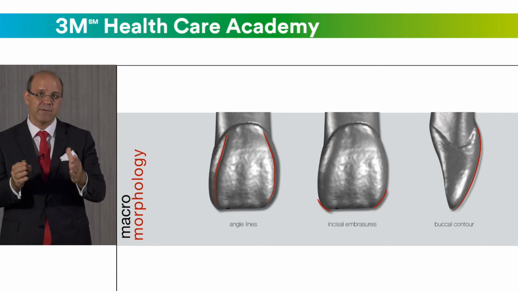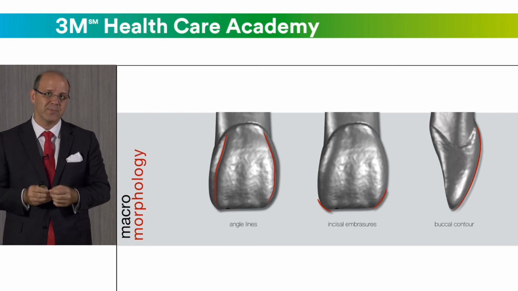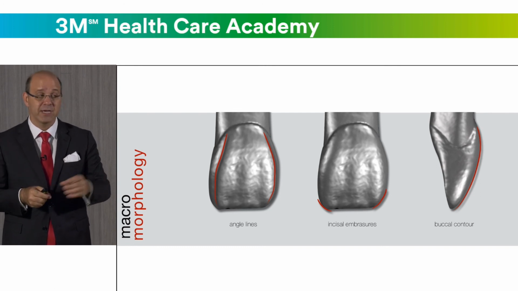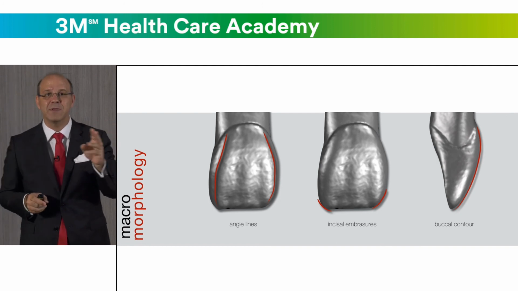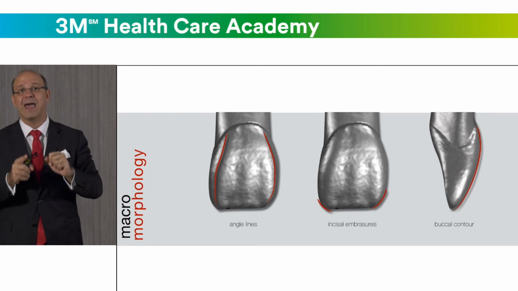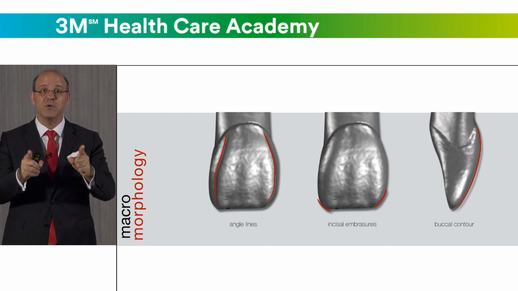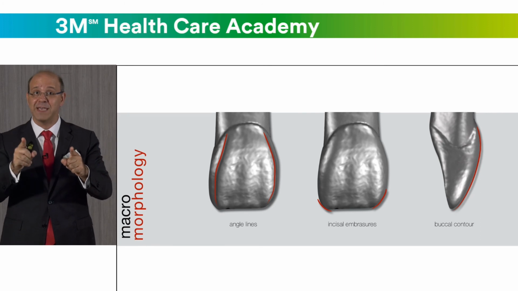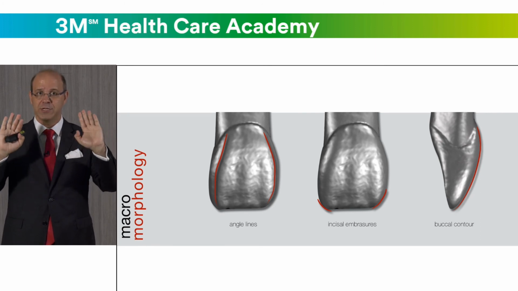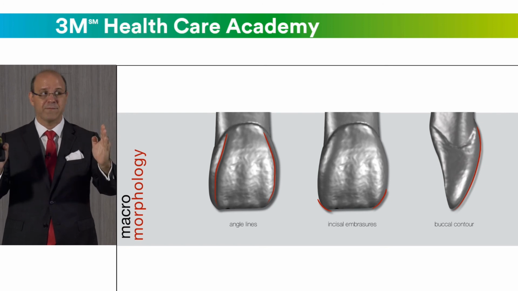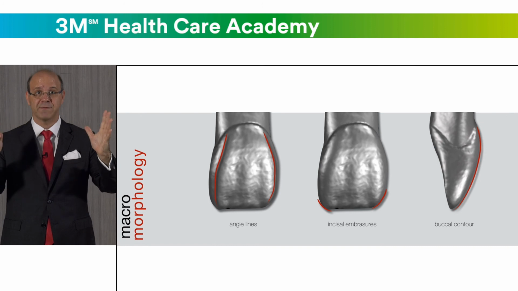The shape we give to the restoration is more important than the opacities we apply inside of it. We divide the shape in three steps. First step, angle lines. The angle lines give the shape of the tooth. Between the angle lines we have a flat, reflective, shining surface. On the sides of the angle lines we have shadow areas, a round surface.